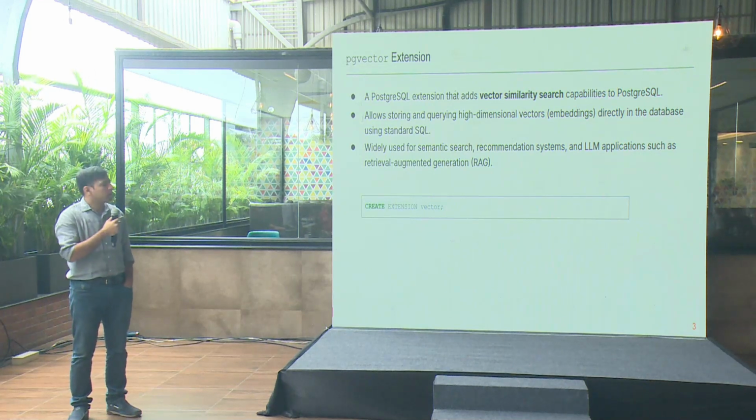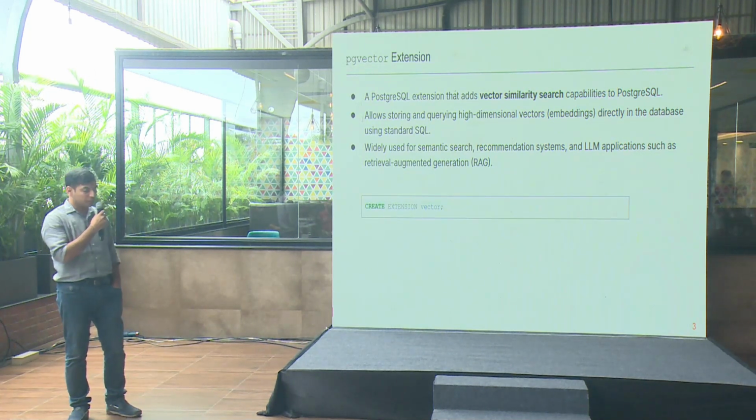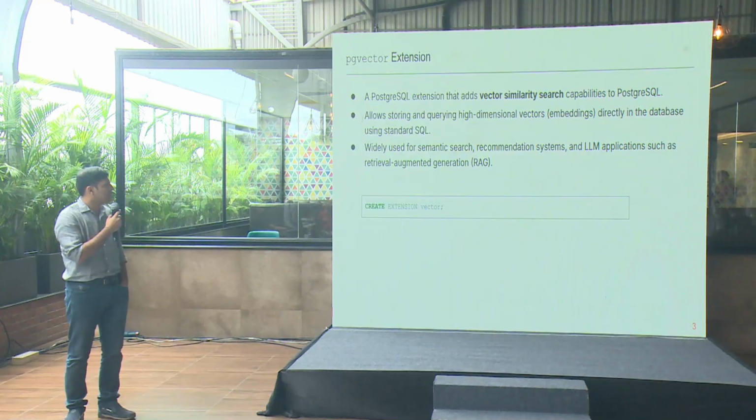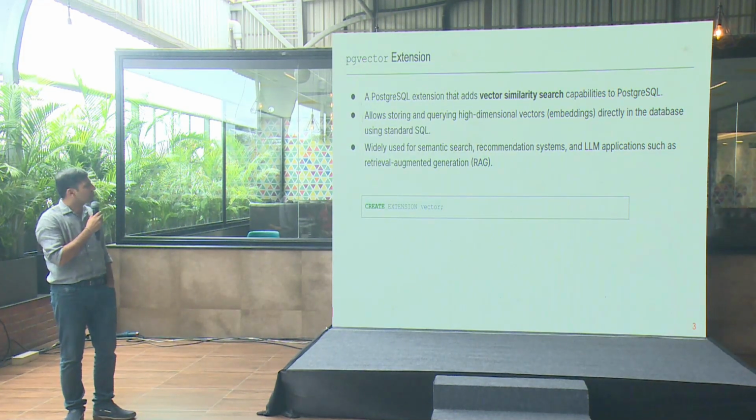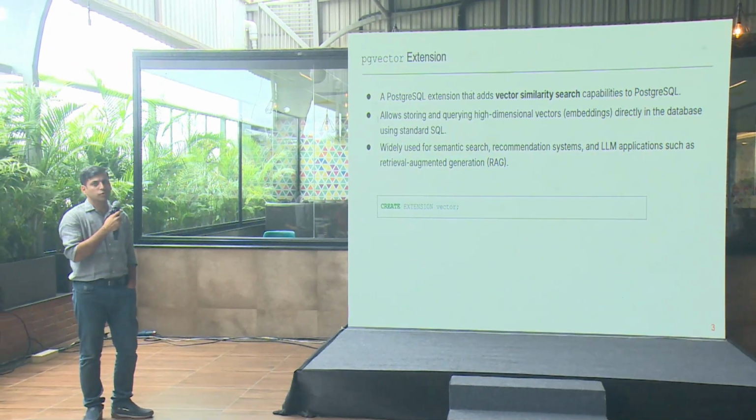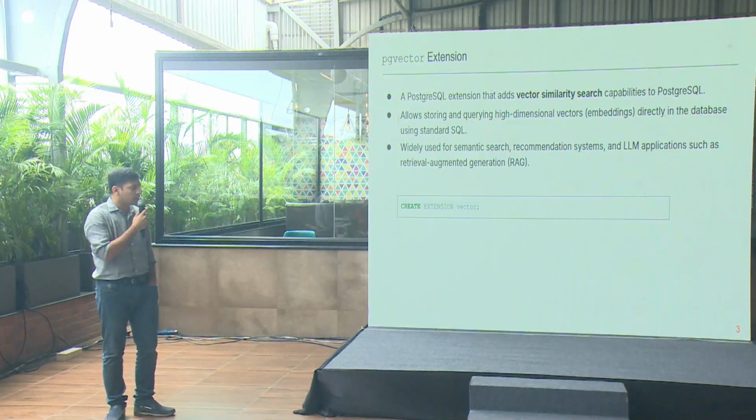Most of you might already be aware, the pgvector extension is an extension that has added to the PostgreSQL database the capability of vector similarity search, by allowing it to store very high dimensional data, which we call vectors, in the database.